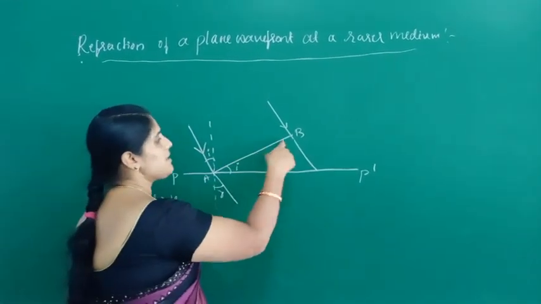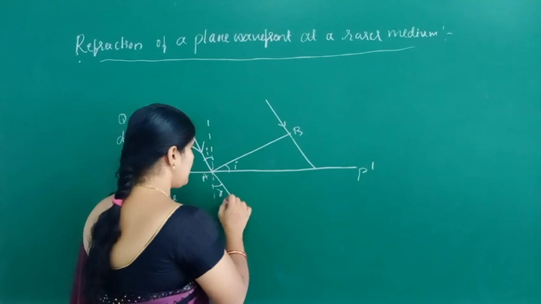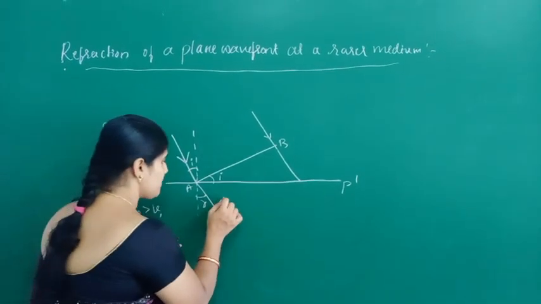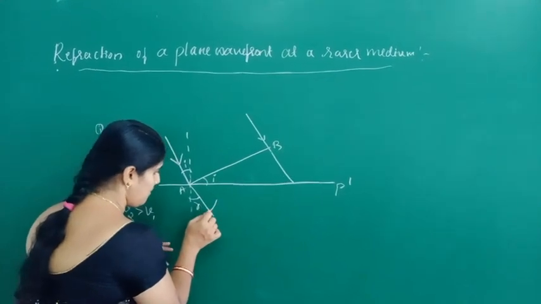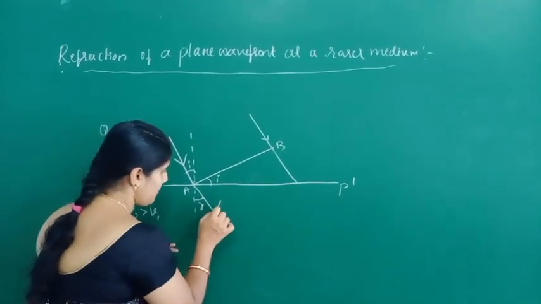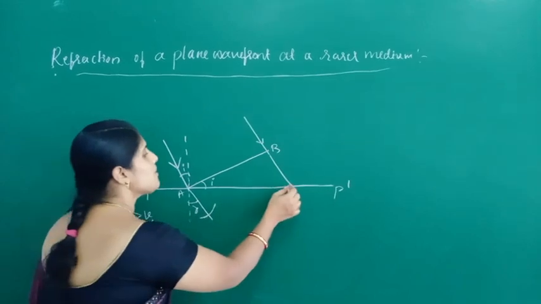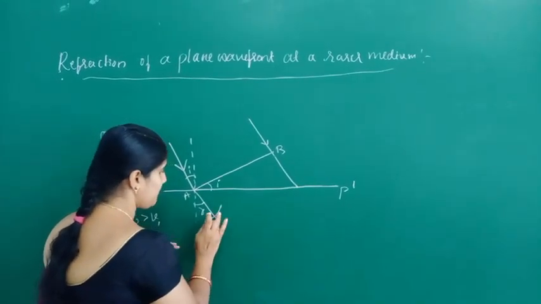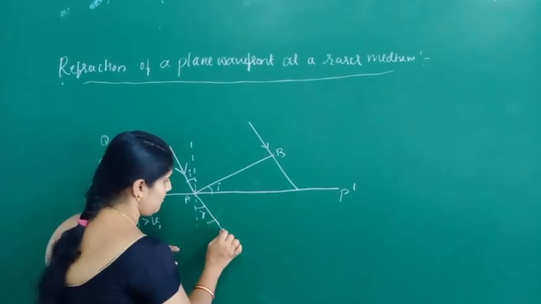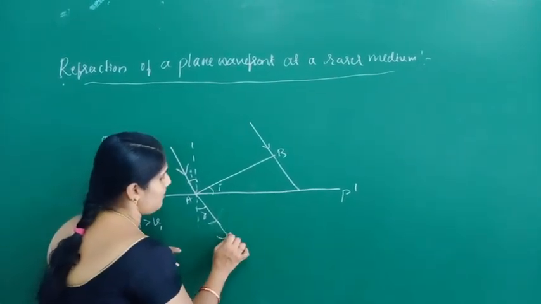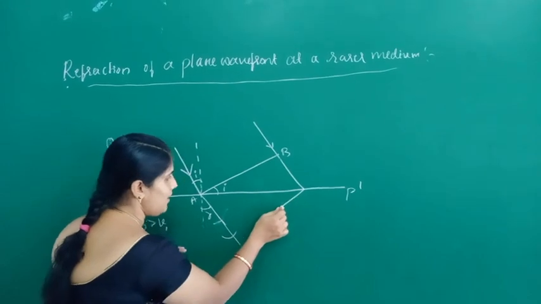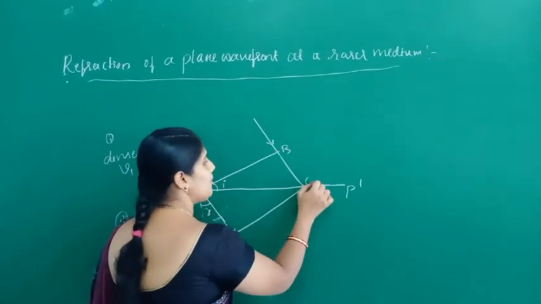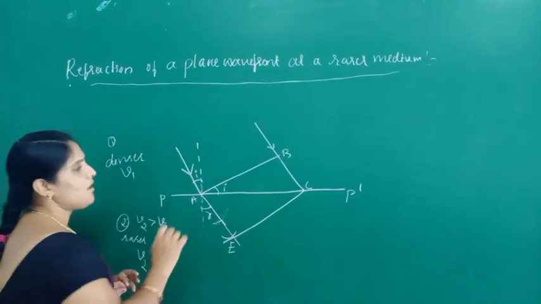So AB is the incident wavefront. If we consider only one arc, one arc is enough. This is the small wavelet emitted by the primary wavefront. If we draw a tangent to this, we will get a wavefront like this. This is our refracted wavefront, CE.